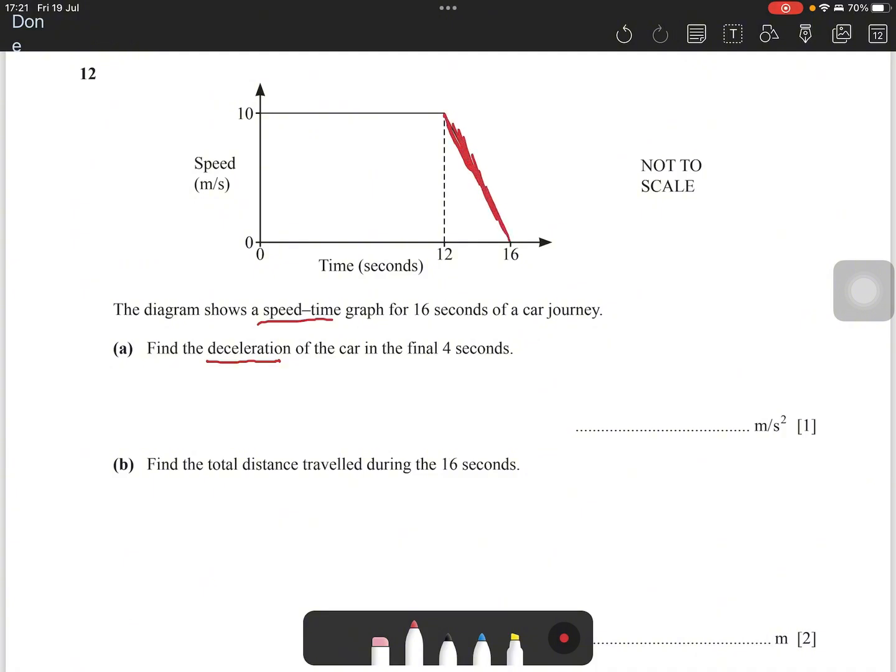When the car decreases its speed, it means we have deceleration here. To find this gradient, just like when you find m, it is rise over run. The rise in this case is negative 10 and the run is 4. So we write negative 10 over 4 equals negative 2.5.